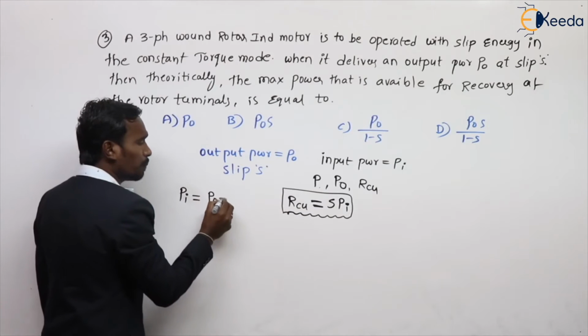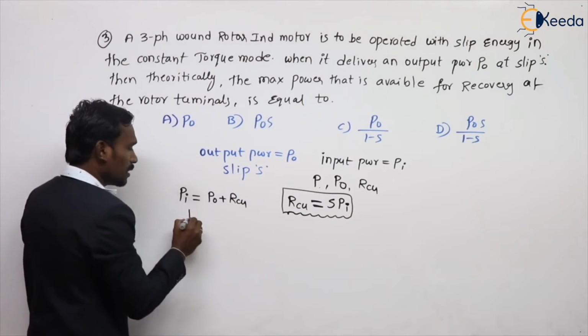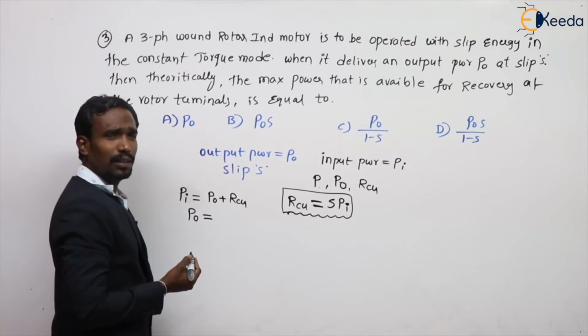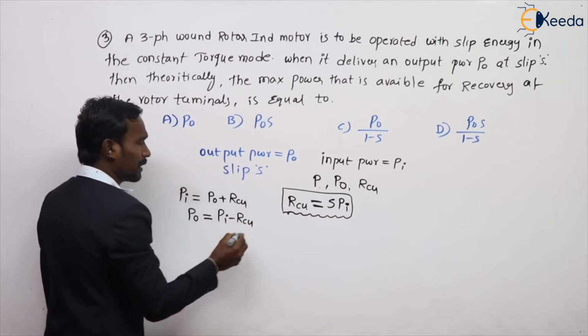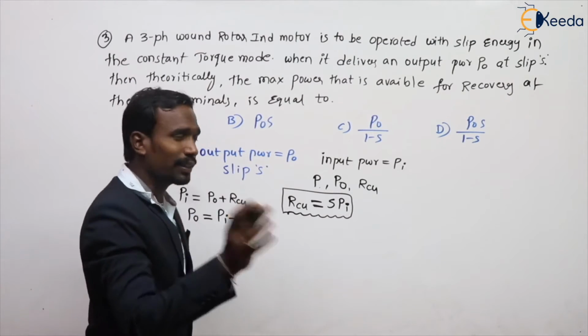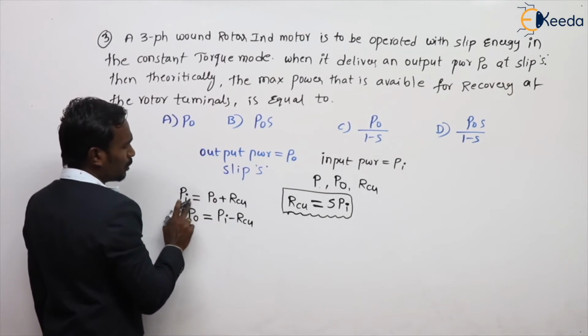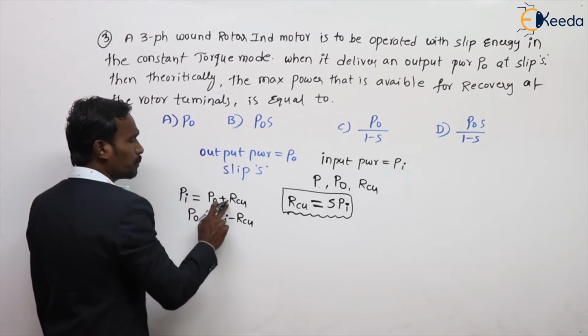Rotor output plus rotor copper losses. From this, rotor output is equal to rotor input minus rotor copper losses. These are the relations between the power losses. So here I want rotor input to substitute. What is the rotor input? Output plus losses.